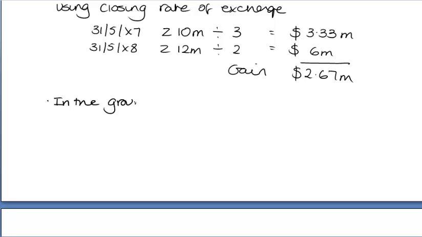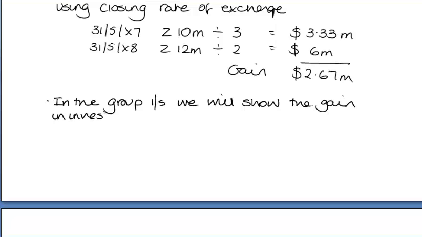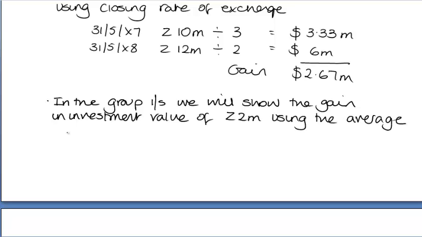In the group income statement, we will show the gain in the investment value of 2 million zlotys using the average exchange rate of $1 equals 2.5 zlotys.